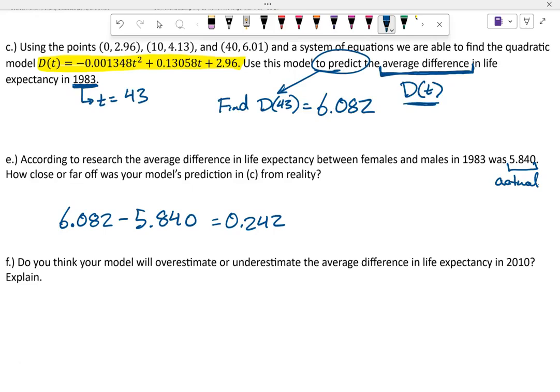Okay? So what we're doing here with finding these models, and I'll show you how to find a model with your calculator in just a moment, is stuff businesses, hospitals, all these things do all the time. They have statisticians working on data all the time to make predictions. So they have all this data and they say, hey, we want to know what our profit will be next year.